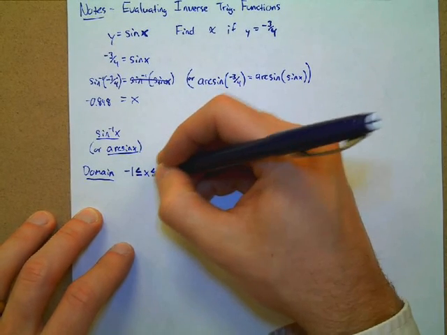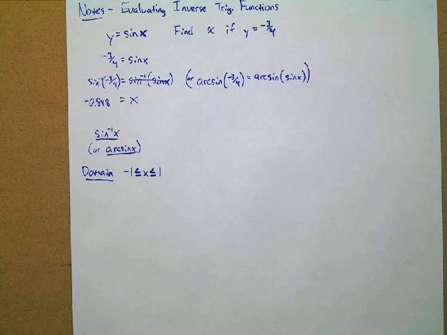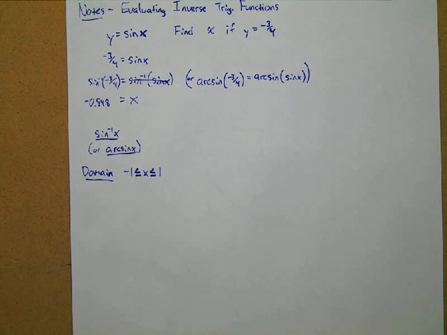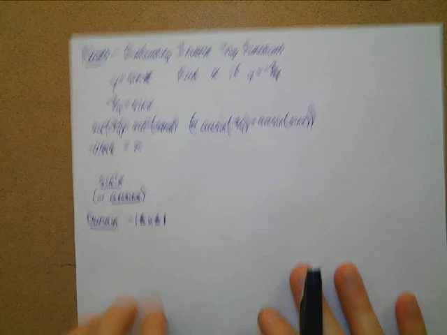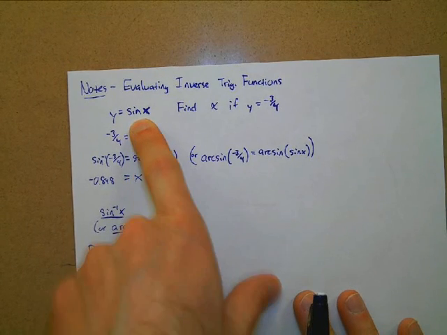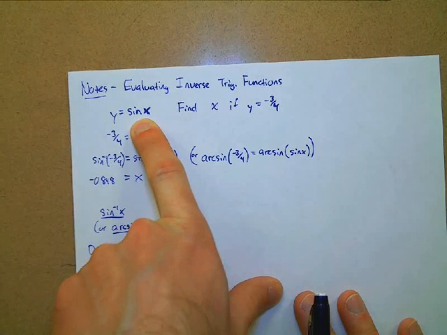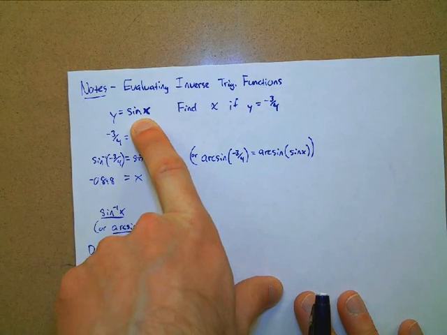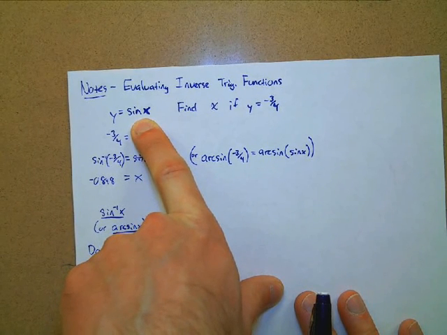The reason for that, well, remember inverse functions are like reflections of each other over the line y equals x. So if we go back and think about sine of x, what is the range of the sine of x? What are the possible y values? What's the lowest possible y value we can get for sine? -1, right?